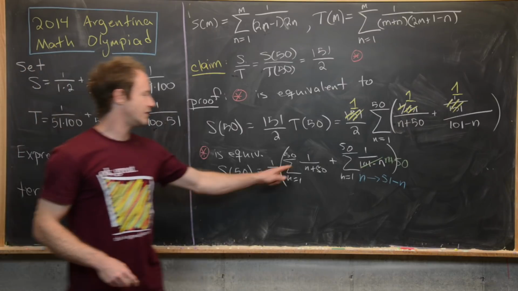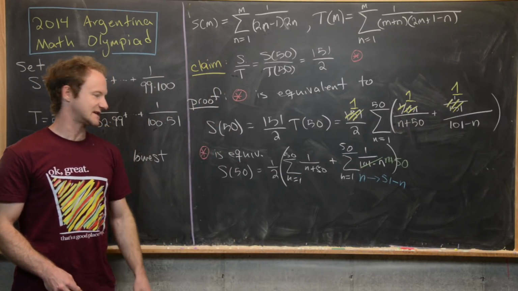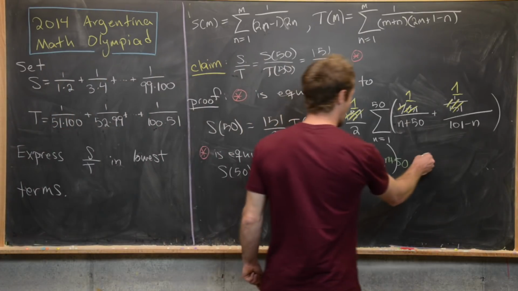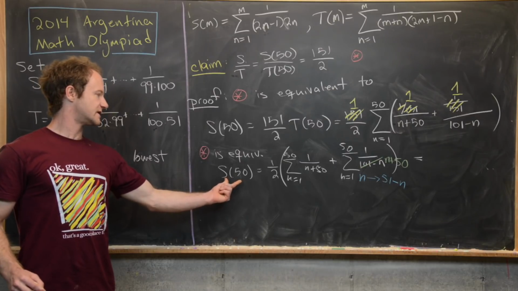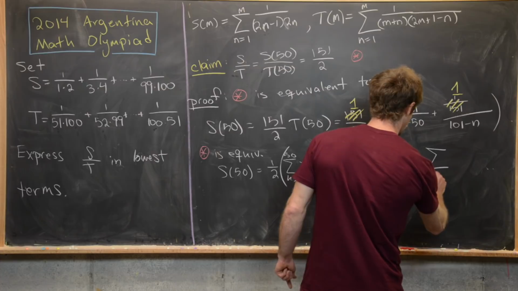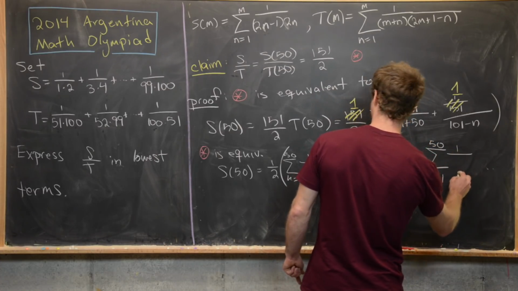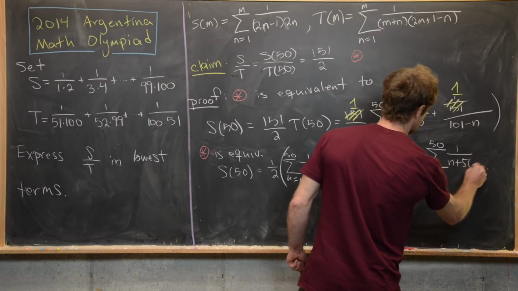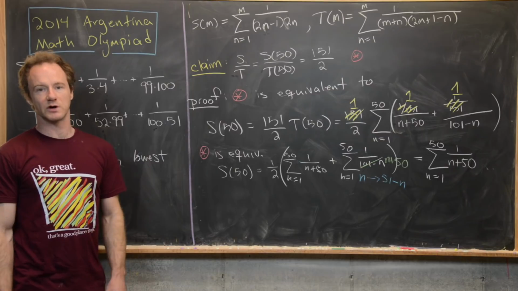But now we've got two of the same sum. We can just add them together and use that to cancel the half. So in other words, our statement is equivalent to saying S50 is equal to this sum as n goes from 1 to 50 of 1 over n plus 50. Great. So this is in fact what we want to show.